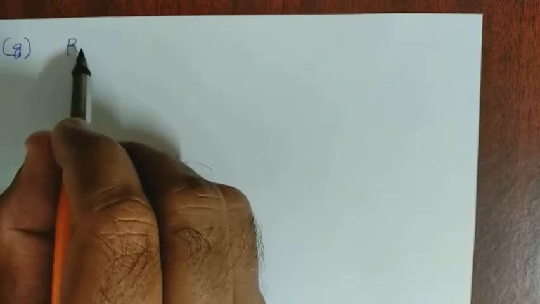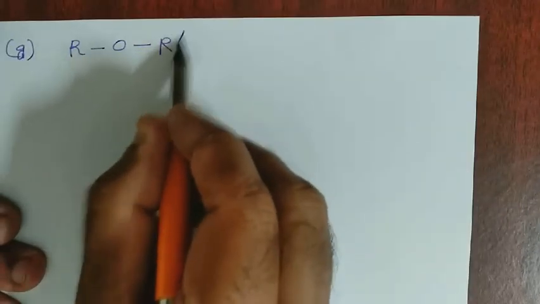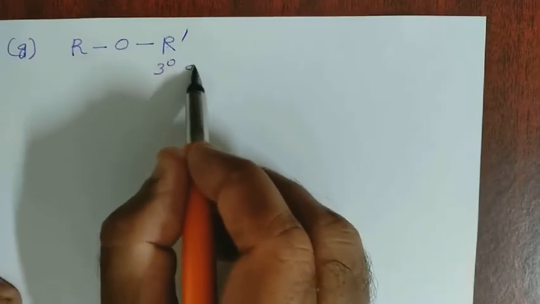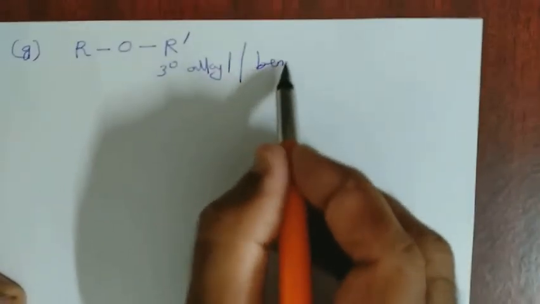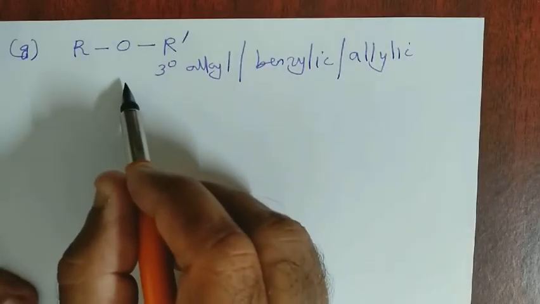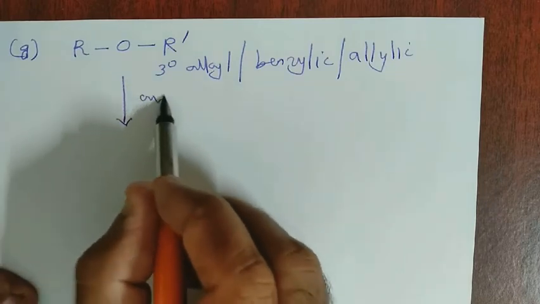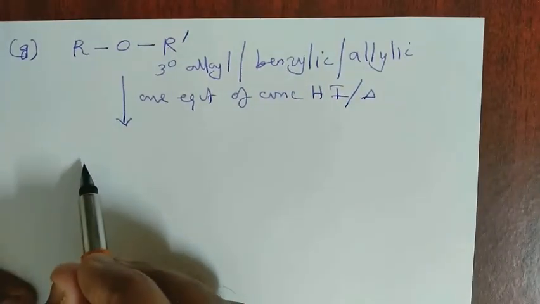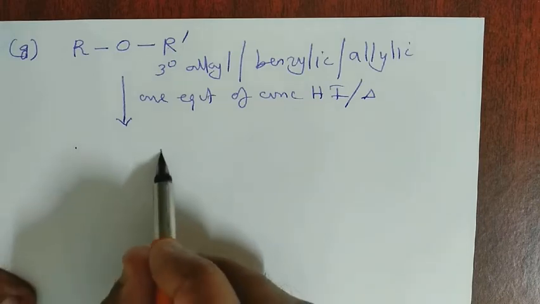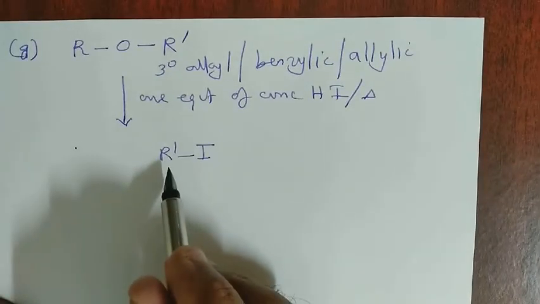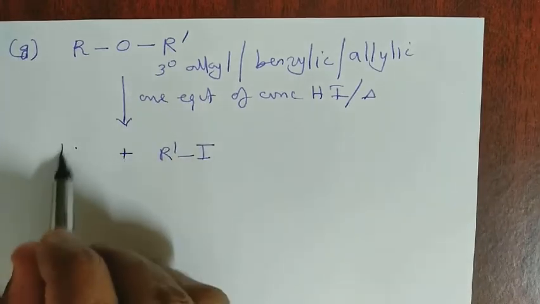Unsymmetrical ethers having one tertiary alkyl group or benzylic group or allylic group, on heating with one equivalent of concentrated HI, give a mixture of tertiary alkyl iodide or benzylic iodide or allylic iodide and an alcohol.